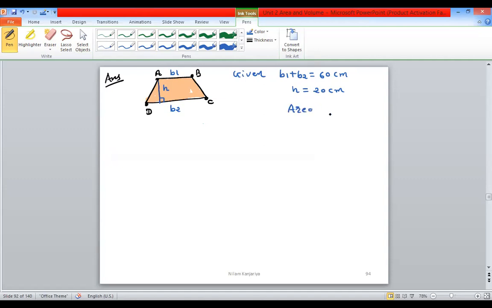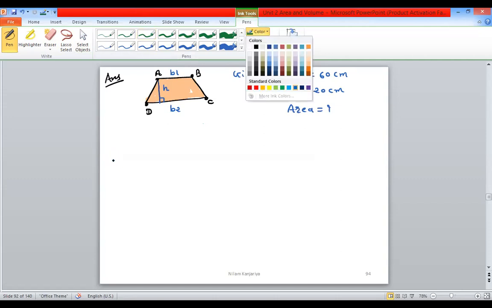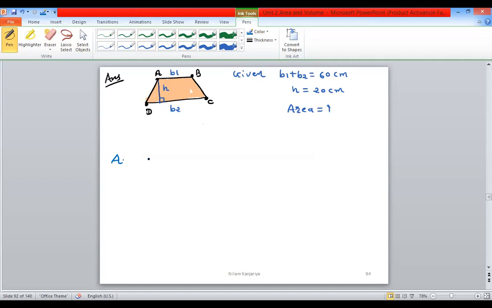So you just remember the formula. What is the formula of our given question? Area is equal to 1/2 base, base is the sum of the two parallel sides, into height. This is the formula. Look here, the 1/2 as it is.